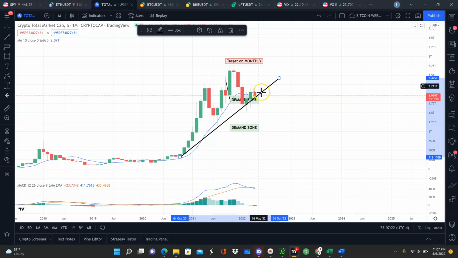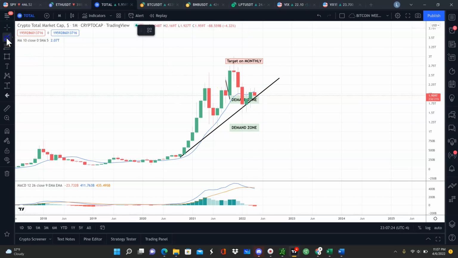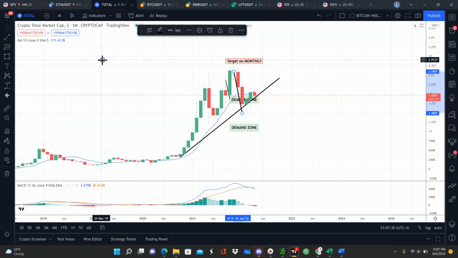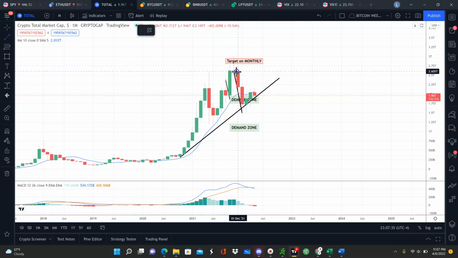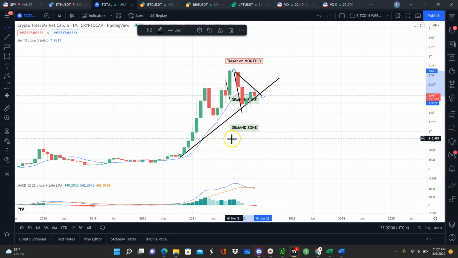What else can I say about the monthly chart? It looks like we see an inverse rising wedge situation happening here as well, which is typically a bullish pattern, but it doesn't always have to be. You know what I'm saying? So definitely something to be keeping an eye on.